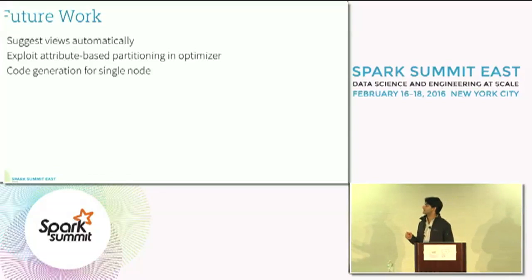Another really big thing is that these graphs actually have attributes, not just structure. Exploiting that for partitioning can, and we have some preliminary results showing that it can, be a pretty big win. Finally, a more general story that we have in Spark is that it scales out fine, but what about scaling down? What about running the same query on a single node? Can we make this really fast and compete with the best academic systems that generate GPU code or whatever to do these queries? That's an interesting problem.